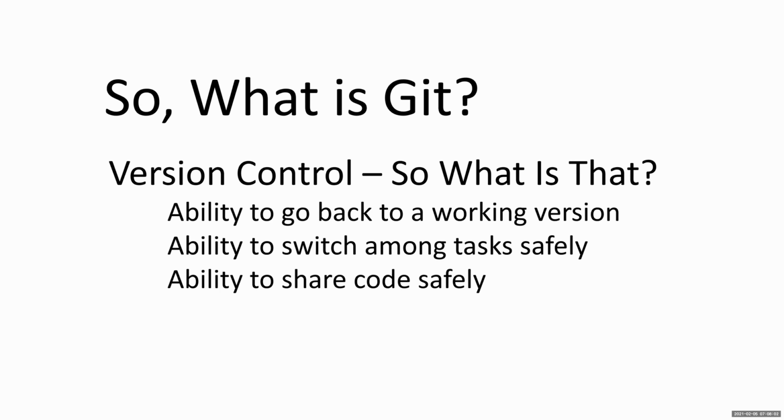It also gives you the ability to switch among tasks. So if you're working on a feature and suddenly a bug comes up, Git makes it very easy to say, okay, let's hold on to what I'm doing on this feature and go over to this bug. Now let's go back to the feature and continue on. And finally, Git works extremely well with teams, and we're going to talk about that some when we talk about branching.